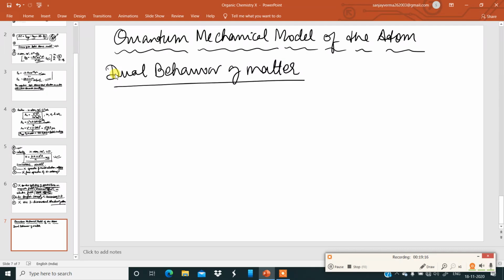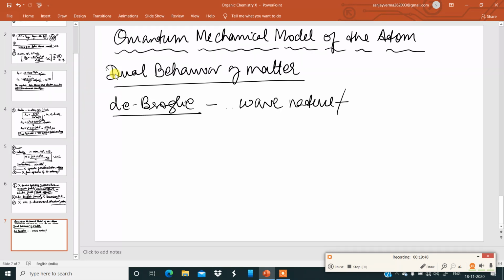According to de Broglie's statement, all material particles such as electrons, protons, neutrons, atoms, molecules, a ball, etc., in motion exhibit wave nature as well as particle character. So remember this.